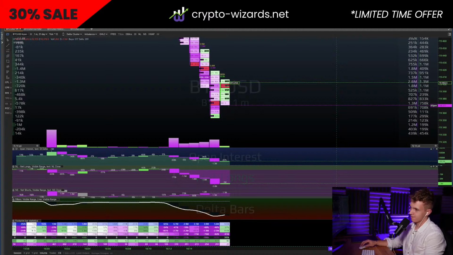Will I scalp this? No, not really. Like, for me, 2% a day is fine, you know. I'm not looking for more. It's okay for me, but there is still a big chance that we will reach the previous day value area high, honestly.